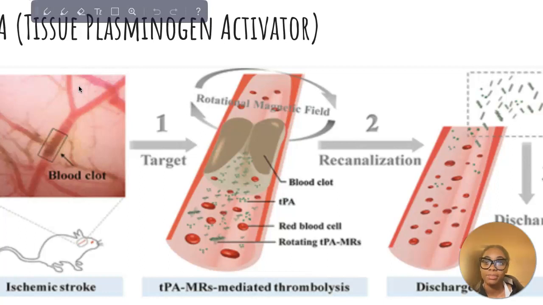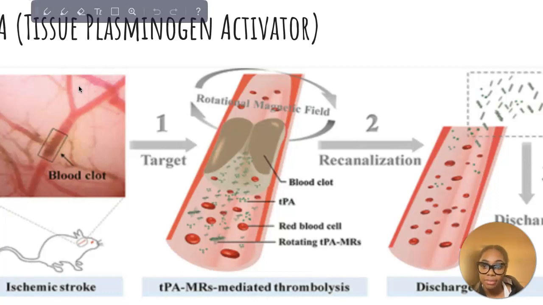The process of breaking down blood clots. In the context of ischemic strokes, TPA is administered as a medication to accelerate the dissolution of the obstructive blood clot within cerebral vessels. The key function of TPA lies in its ability to convert plasminogen, an inactive precursor, into plasmin, a powerful protease that specifically degrades fibrin, the protein forming the structure of blood clots.